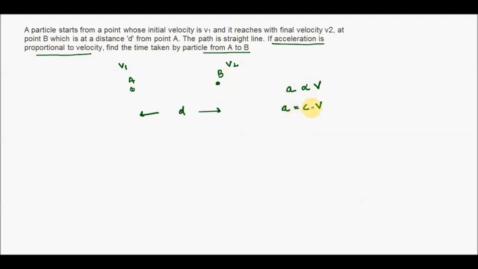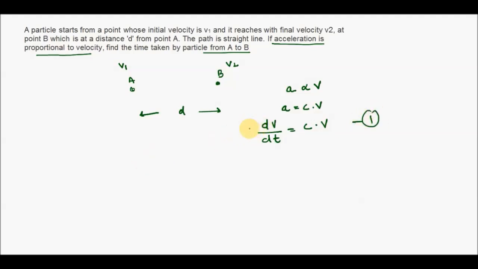You might have read this in elementary school. Now since acceleration is simply equal to the rate of change of velocity with time, I can write acceleration as dv by dt, and c can be written as it is, and v will be written as it is. Now let me call this equation first, right?